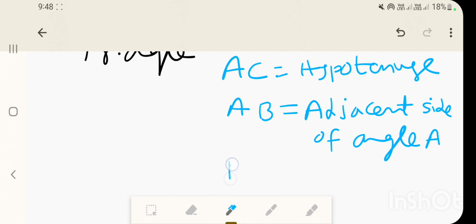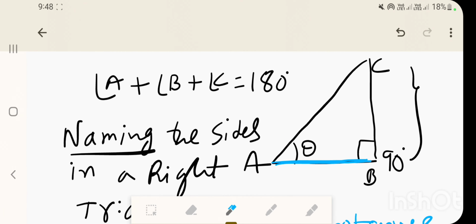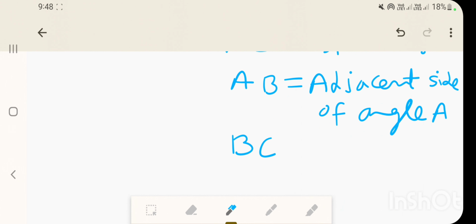And we have another side, BC, which is nothing but the opposite side of the angle A.